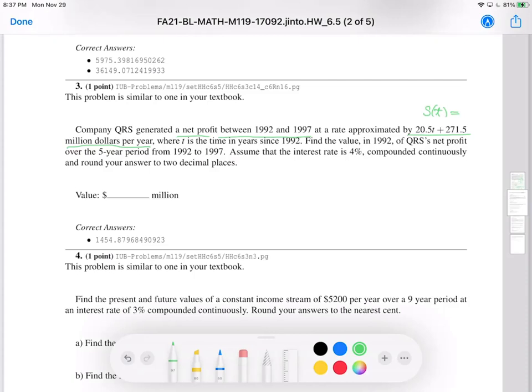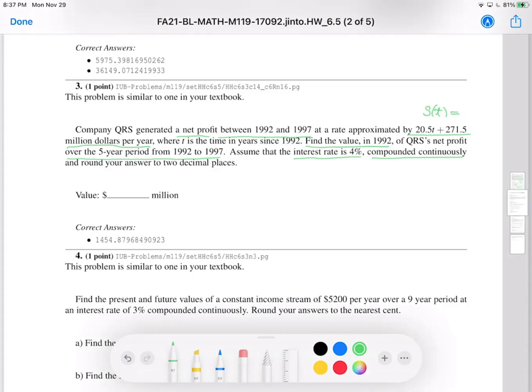Find the value in 1992, which is the present value over the next 5 years period. The interest rate is 4%, again always compounded continuously.